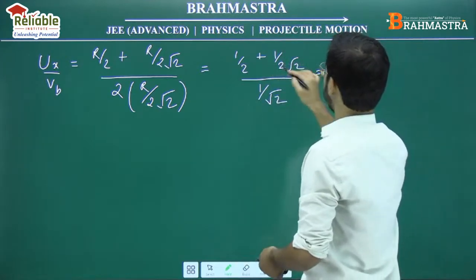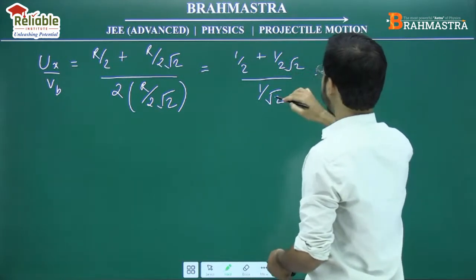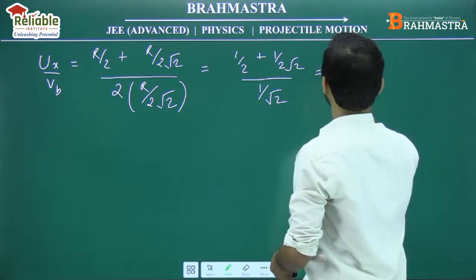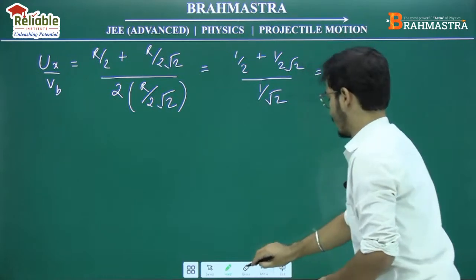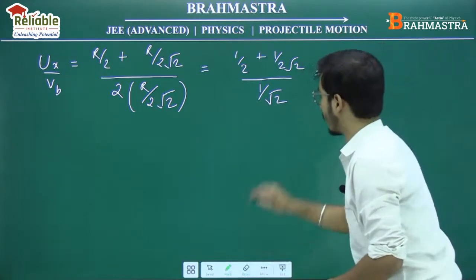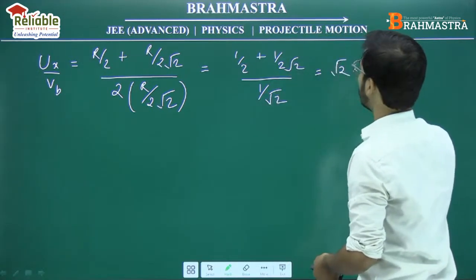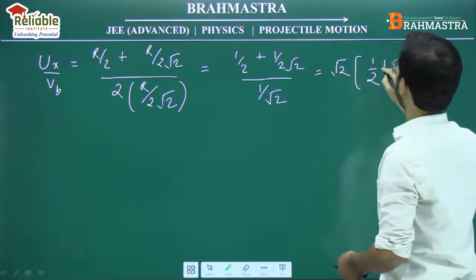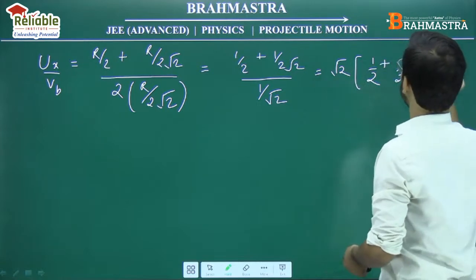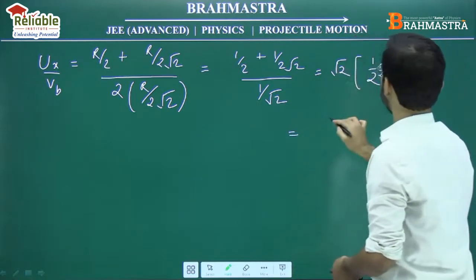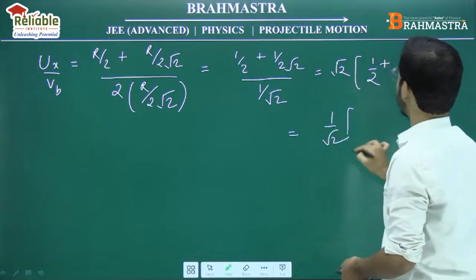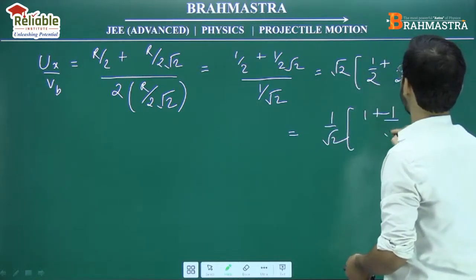Understood? So let's take the half common. This root 2 will go upside, right? The root 2 is in the denominator. There is a fraction, so it will go up. So it's going to be root 2 and half plus half root 2. It's going to be 1 over root 2, 1 plus 1 over root 2.